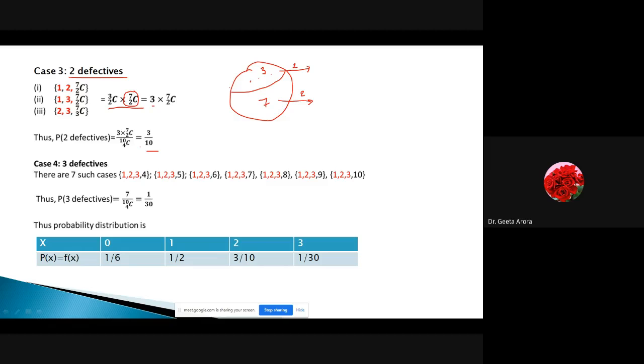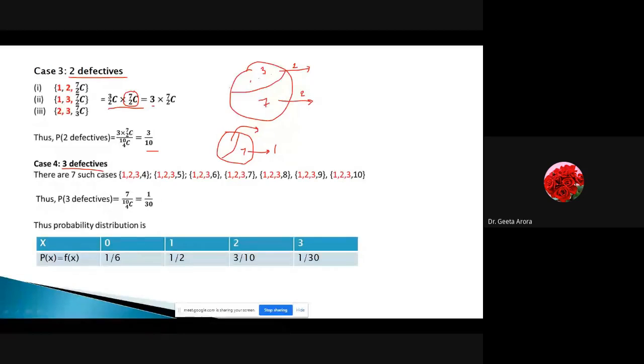Correct? Similarly, we have created the fourth case. Fourth case, we are saying 3 are defective. Correct? 3 are defective means from these 7, let me draw it again, we are getting only 1. And these 3 are coming into the picture as such. So here, these cases 1 2 3 are coming in each and every picture when we are selecting, but the others are coming once, meaning from these 7 we are selecting any one item.